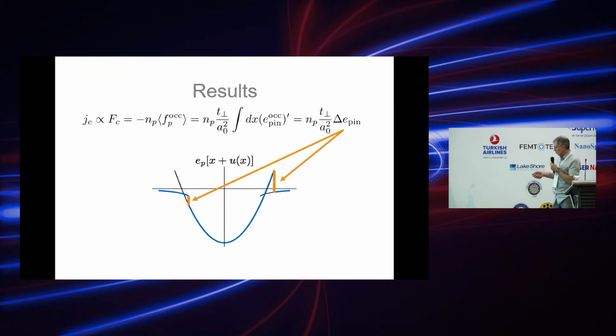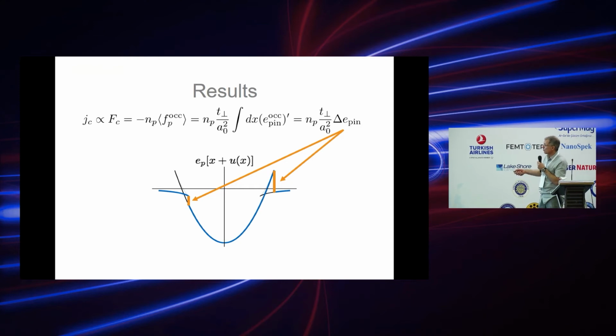So the result of all that, which again goes back to Labusch and Larkin-Ovchinnikov, is that we should average the force. Force is the derivative of the potential, and we have jumps here, and these jumps produce the contribution.